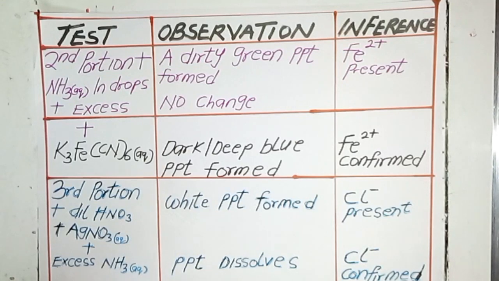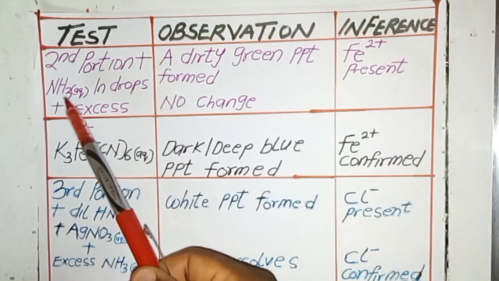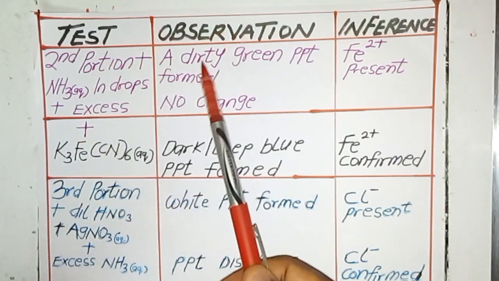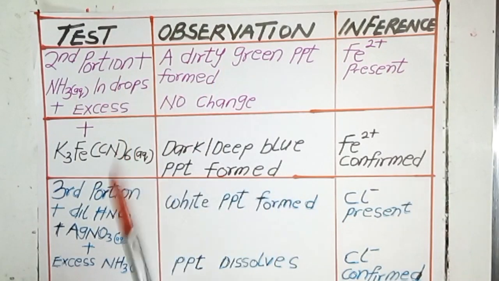The most important thing there is the color change that is taking place and the fact that a precipitate is formed. Don't be confused when at times you hear dirty green precipitate or dark green gelatinous precipitate. The most important thing is the color. So for aqueous ammonia, a dirty green precipitate is formed.